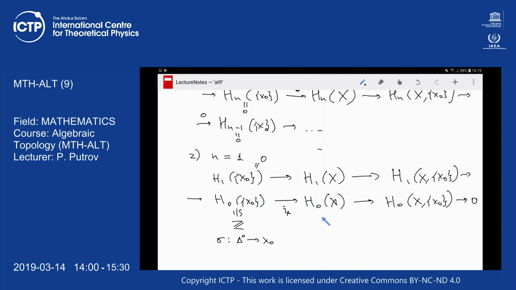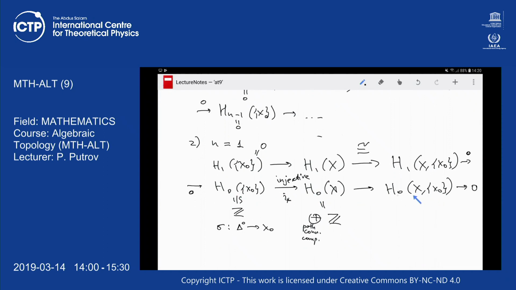We already calculated that this is equal to a direct sum of Z's generated over connected components, or path connected components. And so this generator maps to the generator of the Z which corresponds to the path connected component which contains this x_0. So this means that this map is injective, and therefore this map should still be the trivial map, so this still should be an isomorphism by the same reason as above.